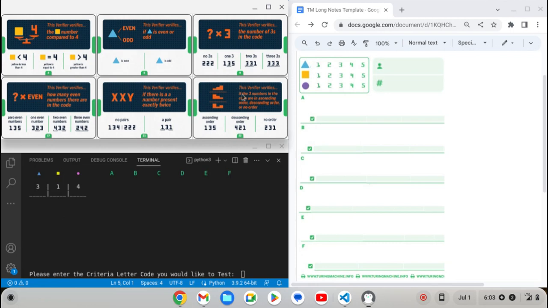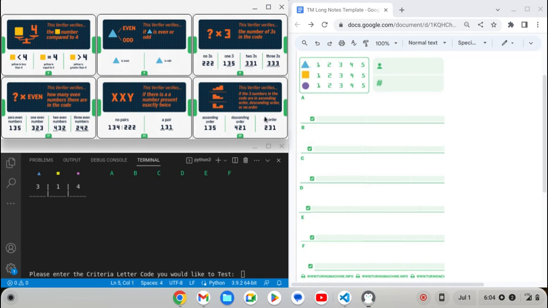Finally, criteria card F will let us know something about the order of the digits from triangle, square to circle. Should they be in ascending order, meaning increasing, in descending order or decreasing, or potentially have no order?